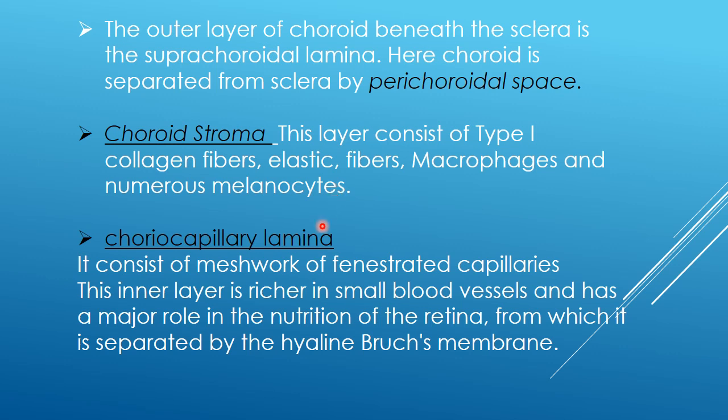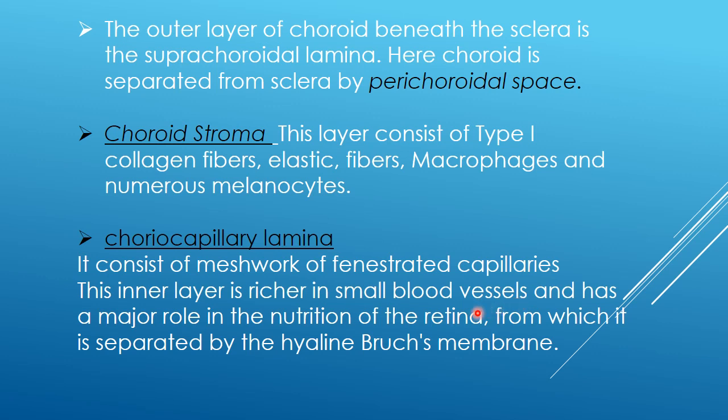Next, deep to the choroid stroma is the choriocapillary lamina, which has a meshwork of fenestrated capillaries. These are capillaries, but unusually they are of larger size, and they make up the capillary plexus, which is very important because it provides nutrition to the outer layer of the retina.